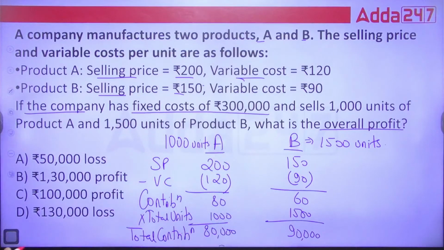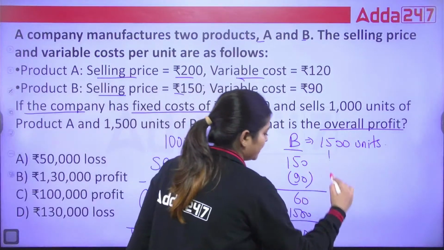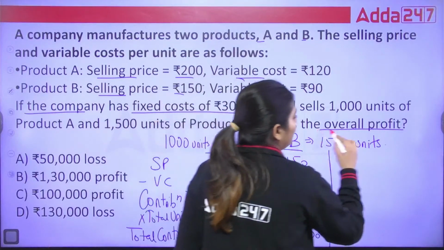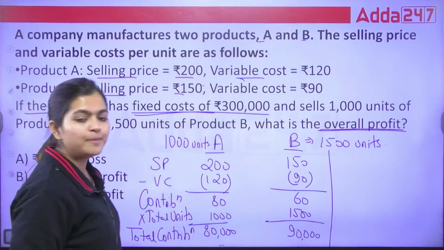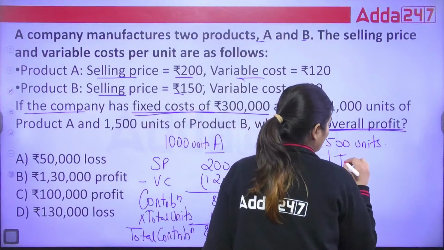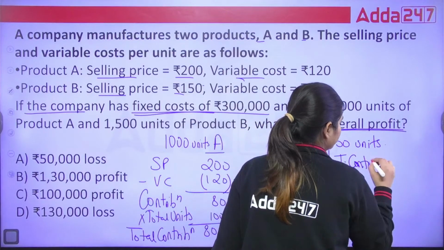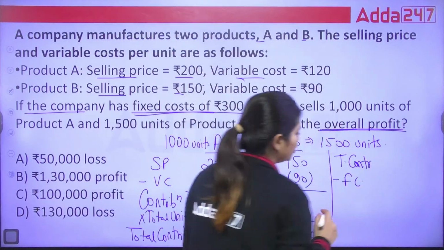So here we understood how to calculate contribution. Okay, next thing we need to do, listen to me very carefully. Next, we need to calculate overall profit. We have fixed cost, that is 3 lakh. So we are going to subtract fixed cost from the total contribution.